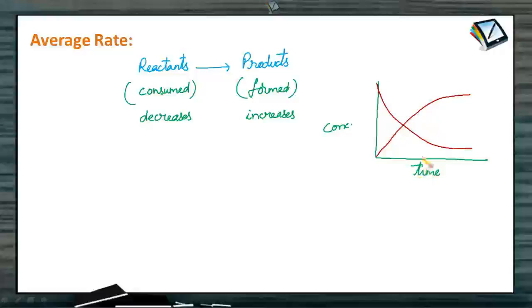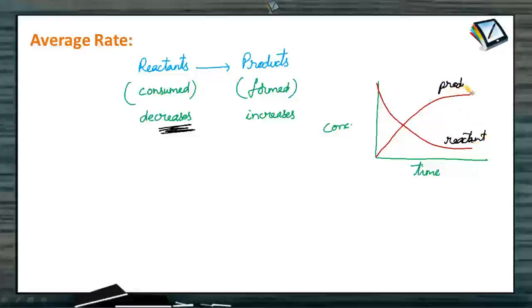Now identify which among them is for reactant and which is for the product. What we are saying here, we are saying that along with the time the concentration of the reactant is decreasing, isn't it? So this will be the variation of concentration of reactant with time, and this will be the variation of the concentration of product with time, where concentration of the product is increasing along with the time.